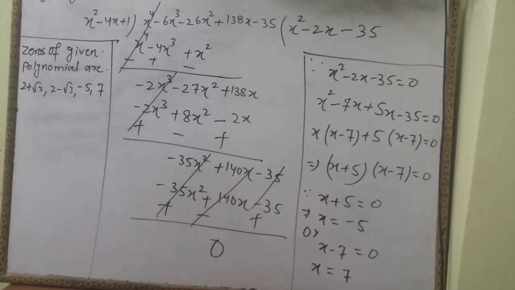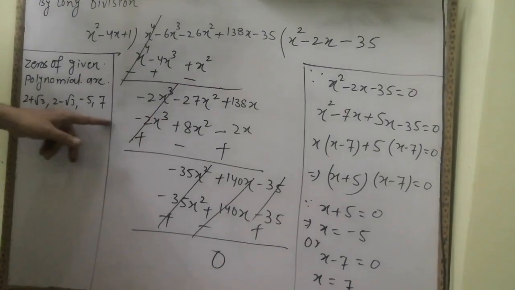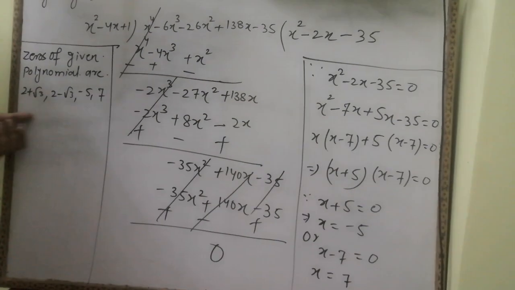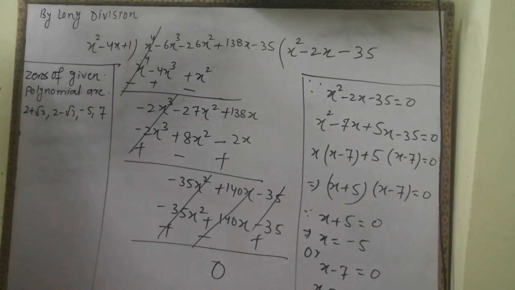The degree is 4, so at most 4 zeros will be there. Here you can see that 4 zeros are there.